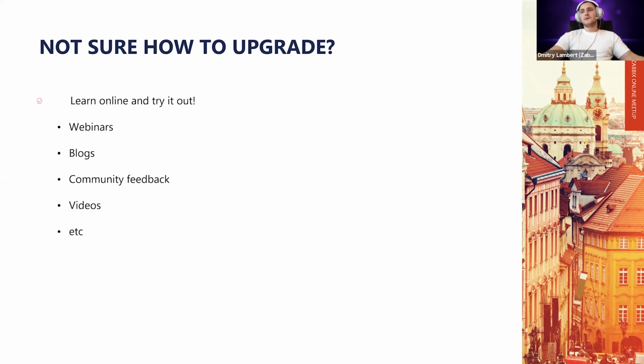And what to do? First of all, you can always attend the webinars in which one of the topics is also how to upgrade to the new release of Zabbix. There are a lot of blog posts on the official Zabbix blog, and also from our partners, where you can read about the experience of other companies, smaller and bigger, with simpler and more complicated architecture, on how to do the upgrade and how to avoid all the potential issues.